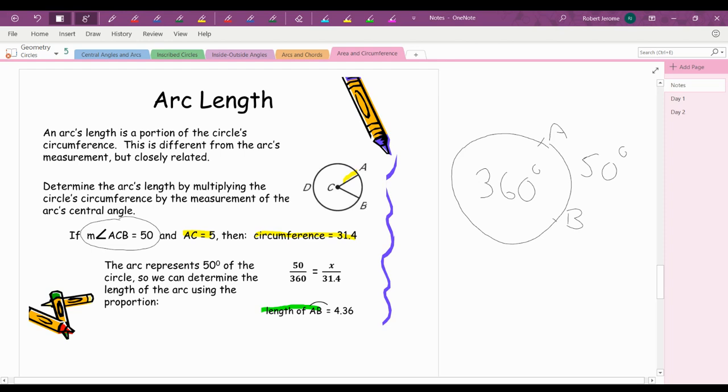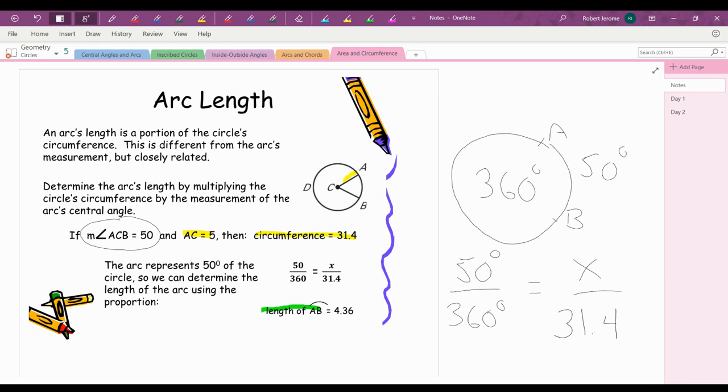So we're going to go 50 degrees of the whole circle. So remember your is over of. 50 degrees of the circle, and that's the same as a certain distance of the whole distance. So very simple. The numerator is the part, the denominator is the whole thing.